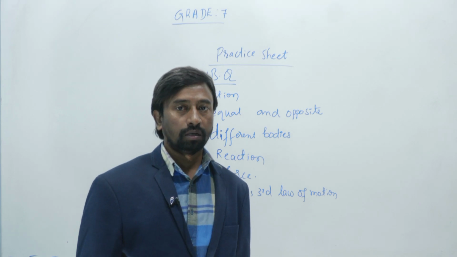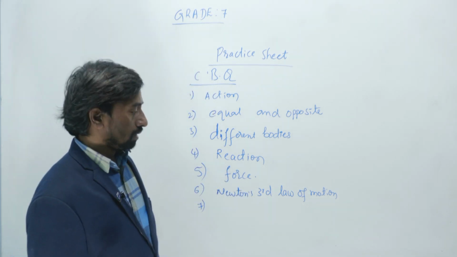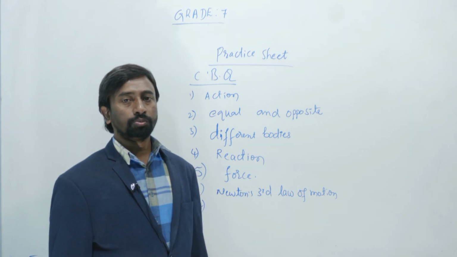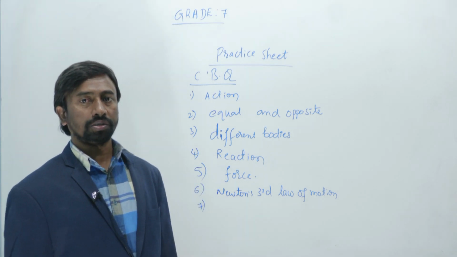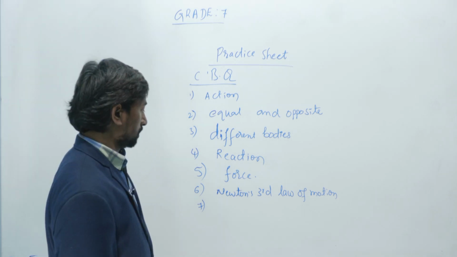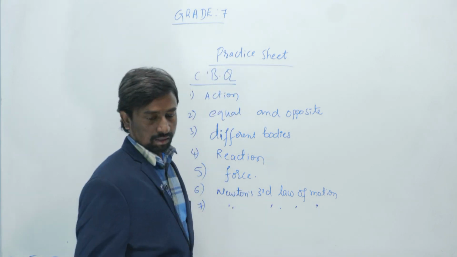Which law can the person move by? In Newton's first law and second law, an external force should be applied. In Newton's third law there is no external force. Due to the internal force he can move. If a man is moving from beside the station to inside the station, he has to move by his internal force. So it is Newton's third law. This seventh one also, we can write Newton's third law.